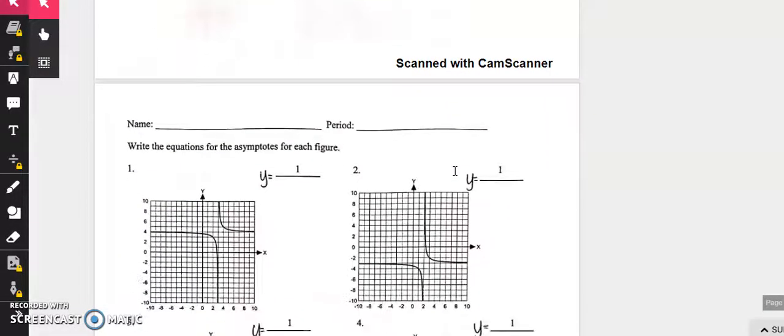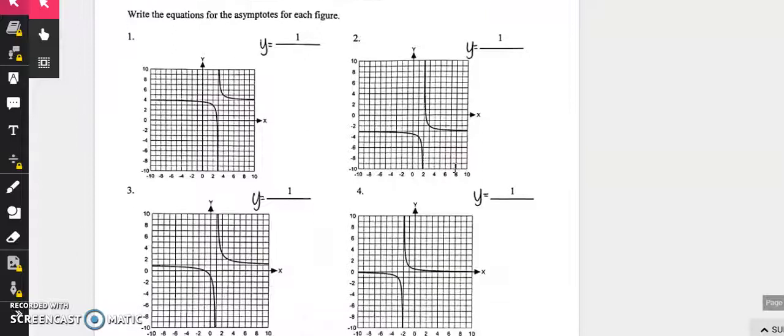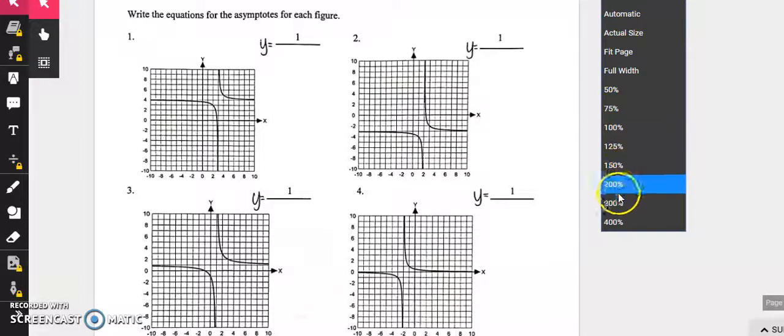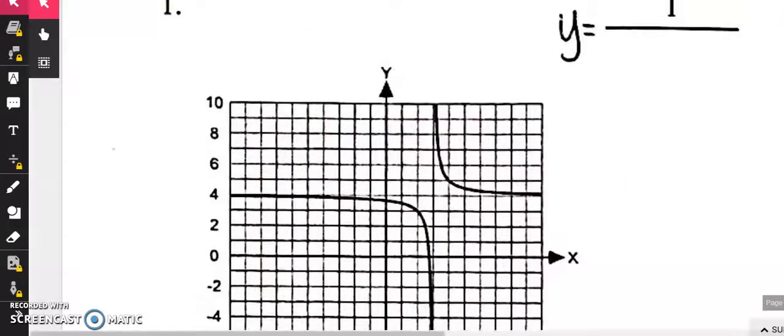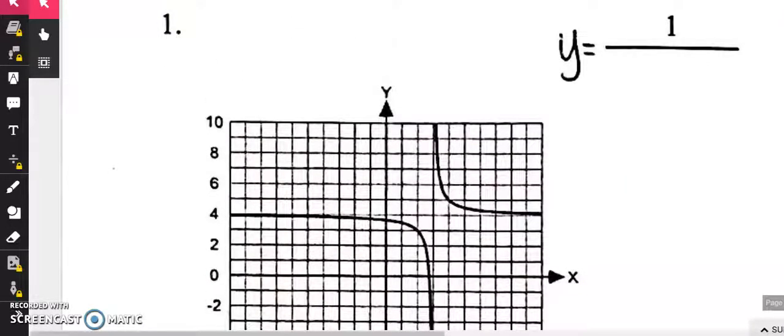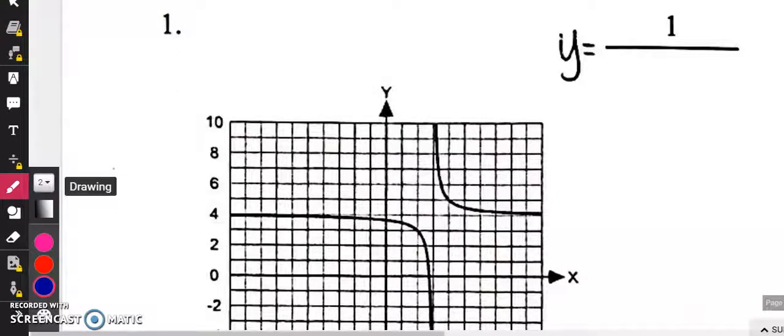So when we look at the examples that they're going to want us to work, the first thing that we need to be able to do is figure out the equation of the asymptotes based on the graph. So I'm going to look at this first one right here. Like I said, I'm going to want to look at the line that they don't cross in the middle. That would be right about here.